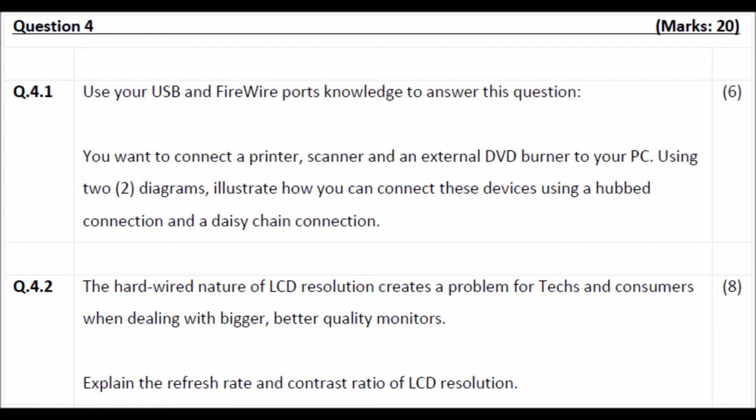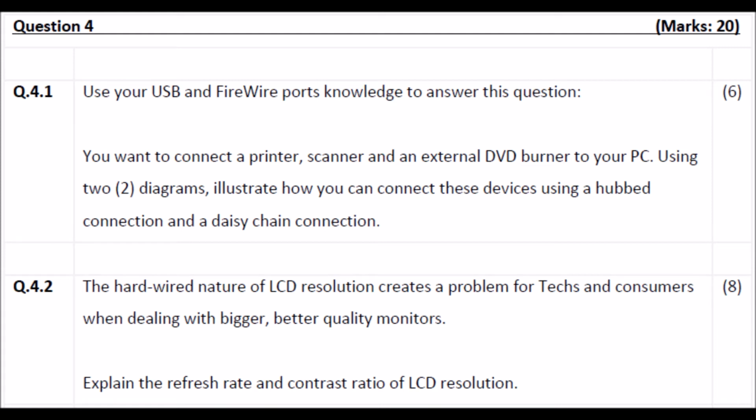And then if you look at 4.2, again, one of the recent sessions that we had, chapter number 19, looking at display technologies. And naturally there, you're now comparing the refresh rate against the contrast ratio as far as LCD resolution platforms are concerned.